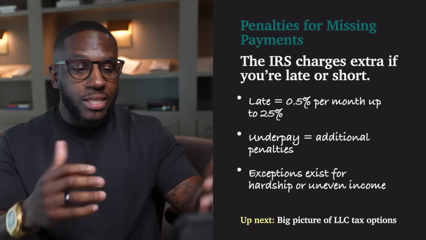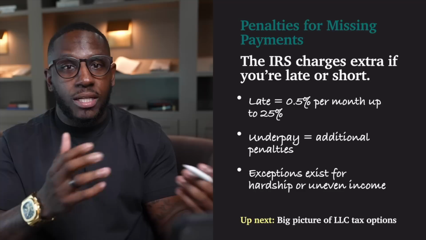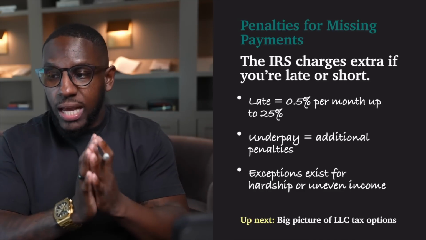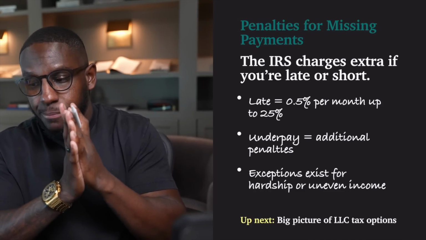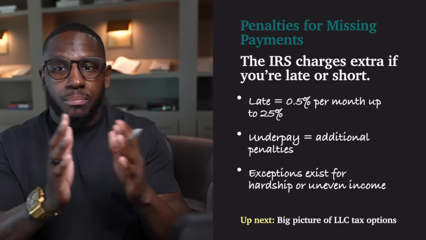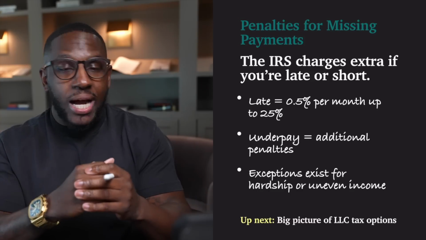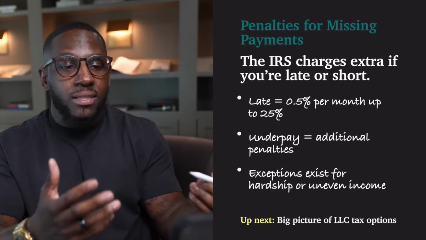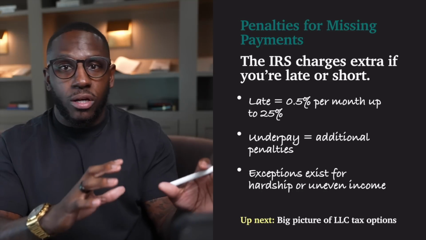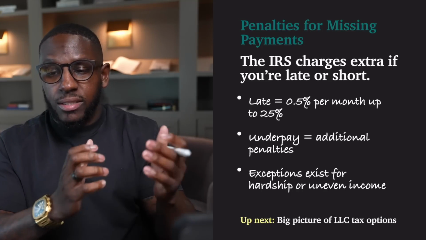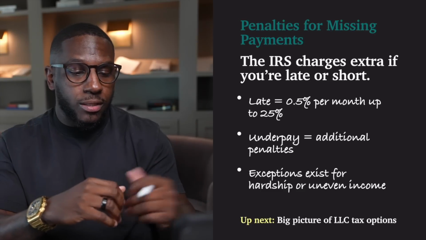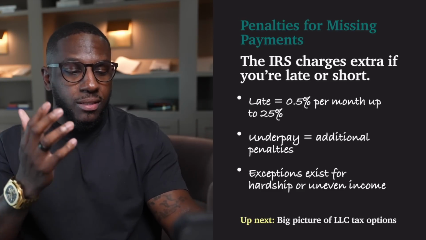But exceptions do exist for hardships or uneven income, right? So if something happens in your life, that's considered a hardship, and you just don't have the money, you can go on a payment plan, and the IRS will work with you in most cases to pay that tax burden off within the next year or a couple of years.